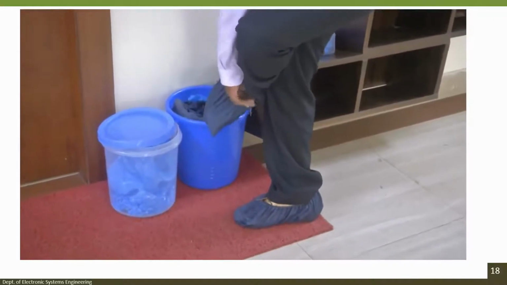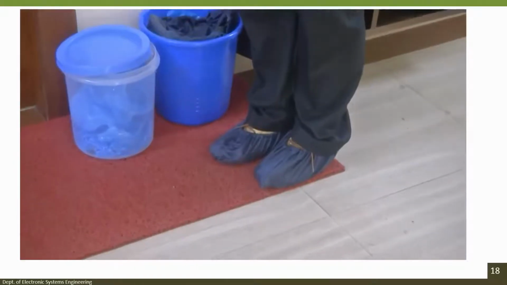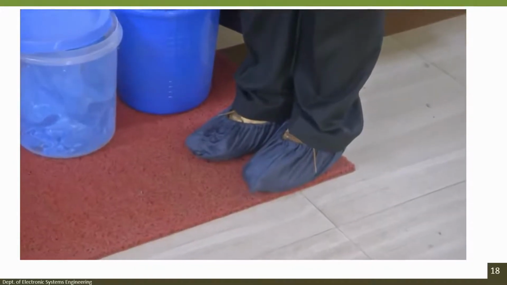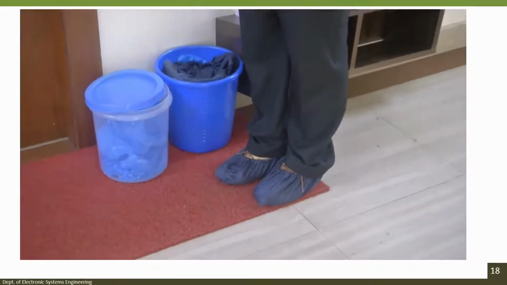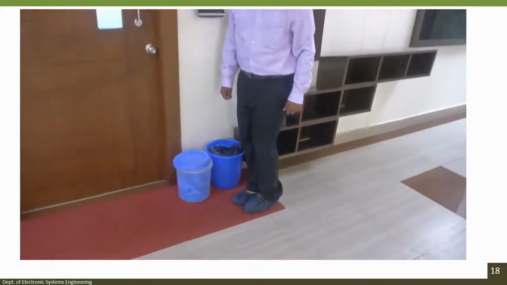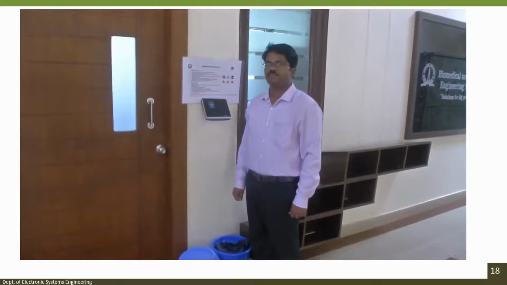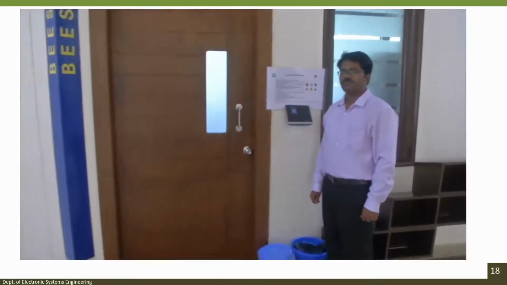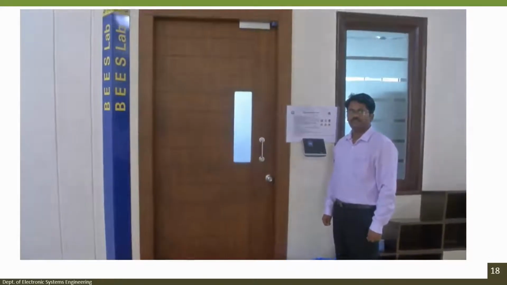As you can see, he has picked up the shoe covers from the container there, and he stands over the carpeted area, just so that you don't contaminate from the external ground. So you ensure you stand on the carpeted area, which is generally clean compared to the surrounding environment. Now, after wearing the shoe covers, he uses the clean room.